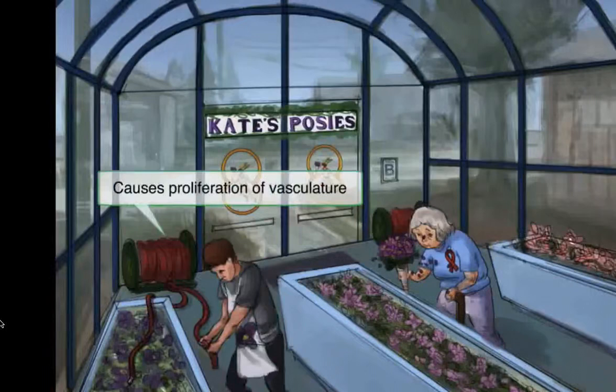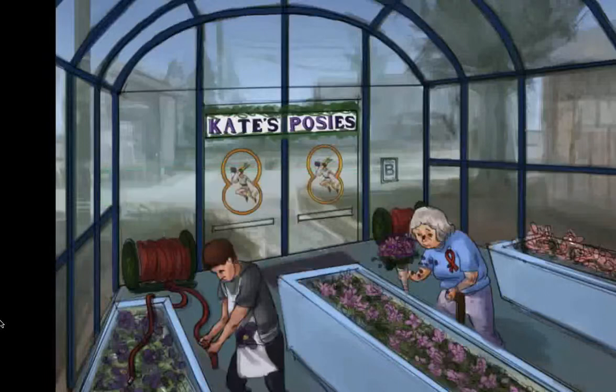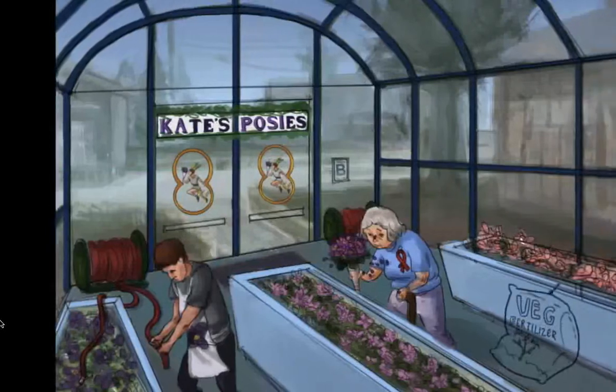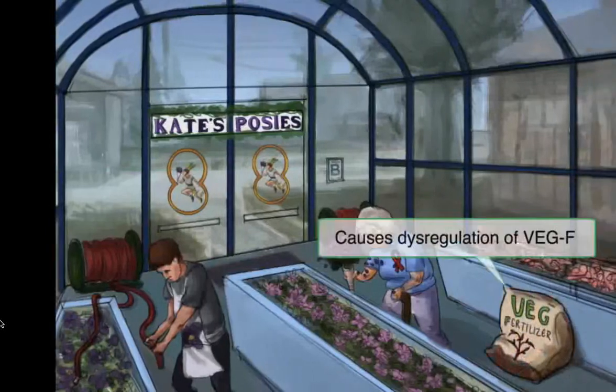The exact way the virus does this is by causing the dysregulation of vascular endothelial growth factor, or VEGF. And this results in aberrant angiogenesis. So let's add a generous bag of veg fertilizer to remind us that Kaposi's causes dysregulation of VEGF. On the bag is a red branching plant that should also remind us of this angiogenesis.